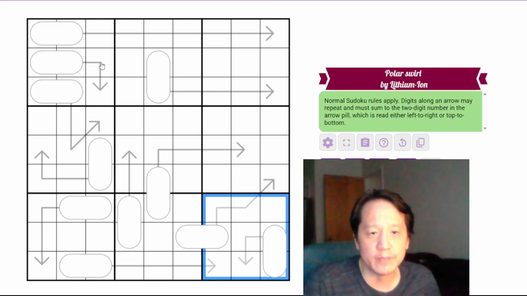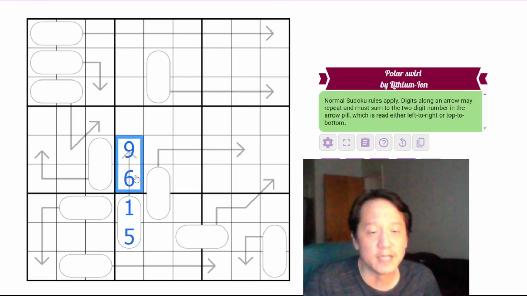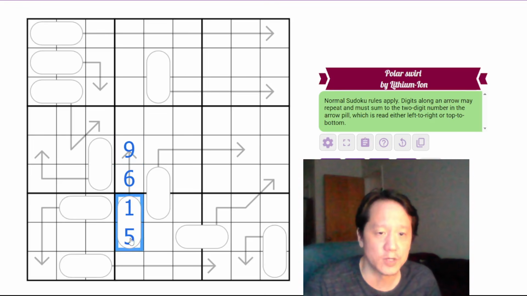So, for example, you could have something like, say, this being 9 and 6, and this would have to be 15, because 6 and 9 add up to 15, and this would be a valid arrow.